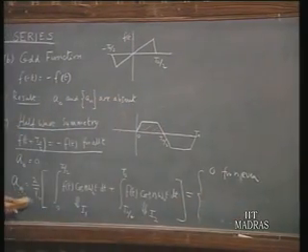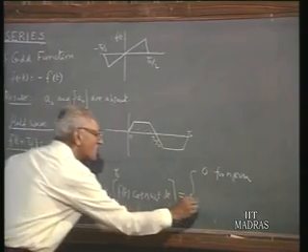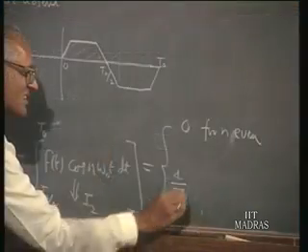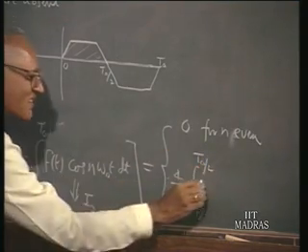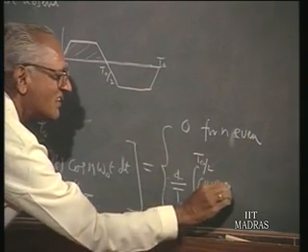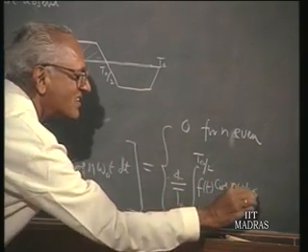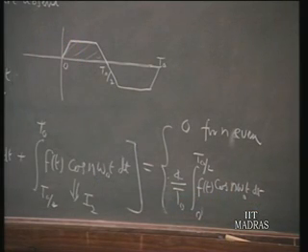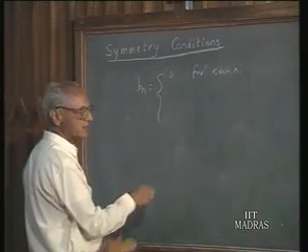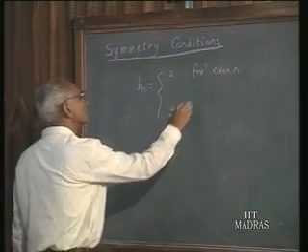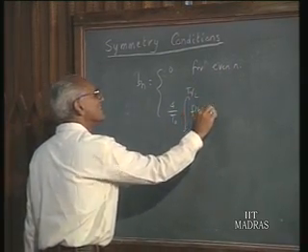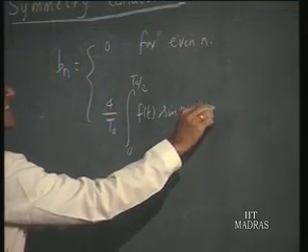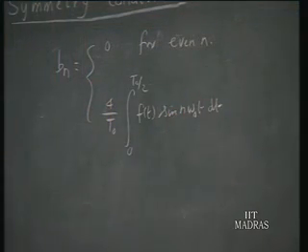So this 2 by t₀ multiplied by 2I1, that means 4 by t₀, integral 0 to t₀ by 2 f of t cos nω₀t dt. So, here also you have 4 by t₀, integral 0 to t₀ by 2 f of t sin nω₀t. So, that is the result.